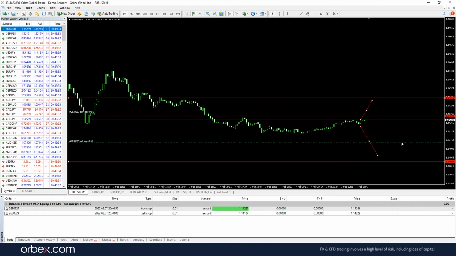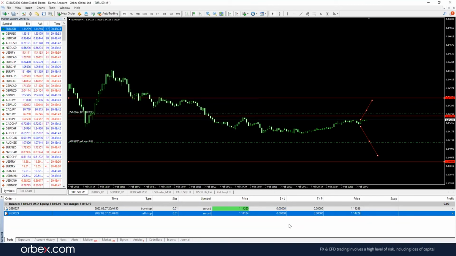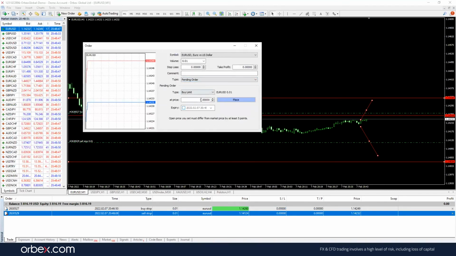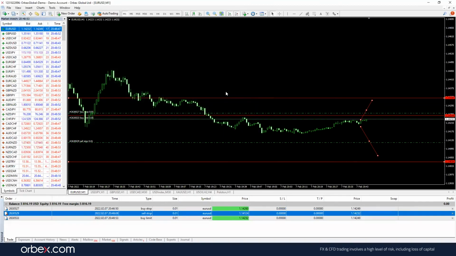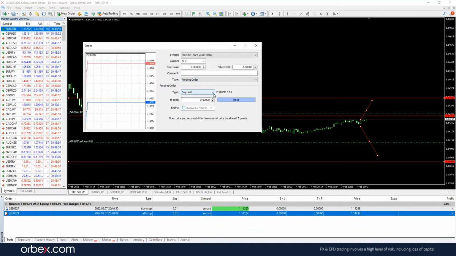And this is an easier way to change it, or you can just click on the actual order itself to delete it or modify it in that way. But always remember, if you're getting an invalid stop loss or take profit signal, then that is the reason. You're not far enough away, or you could be in the wrong side of the trades.